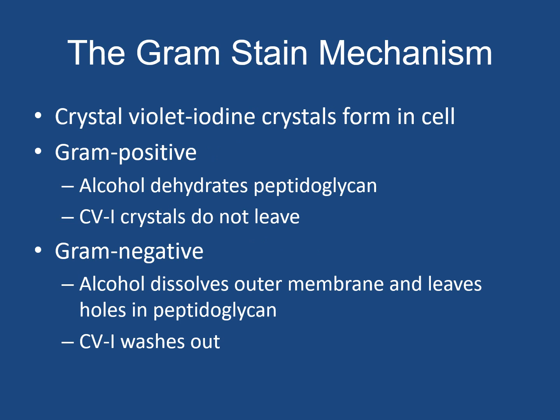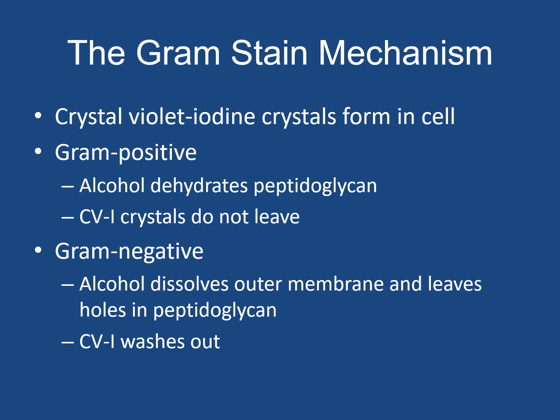The crystal violet iodine complex basically forms a crystal in the cell wall. What's going to happen now is that when you add the alcohol, the gram-positive bacteria, that has multiple layers of peptidoglycan, the alcohol dehydrates the peptidoglycan, and so your crystal violet iodine crystals, they can't leave. It's like they're stuck in there. They can't get out.